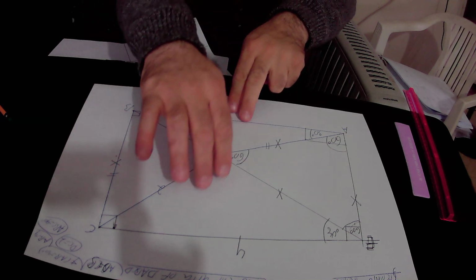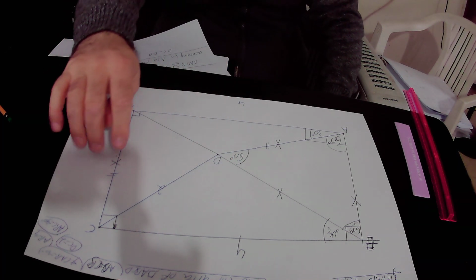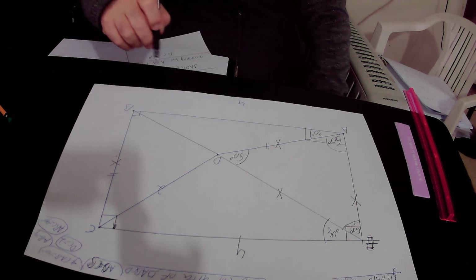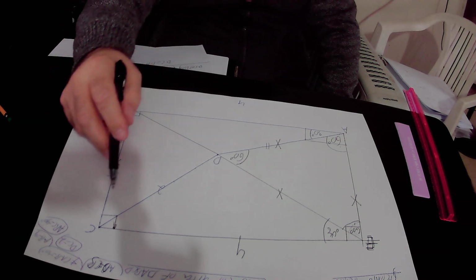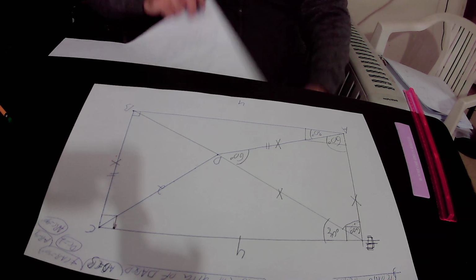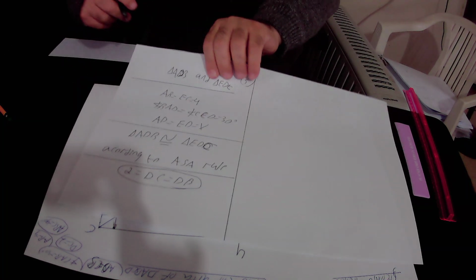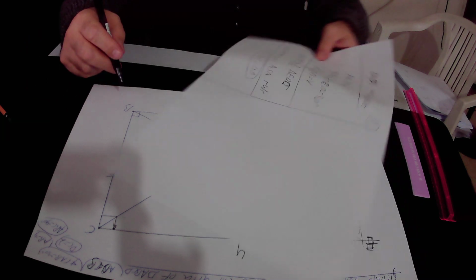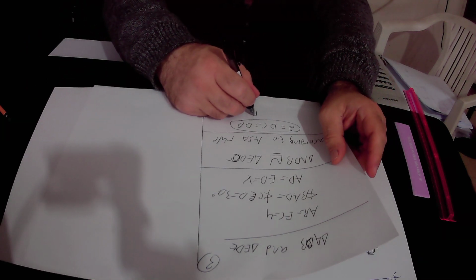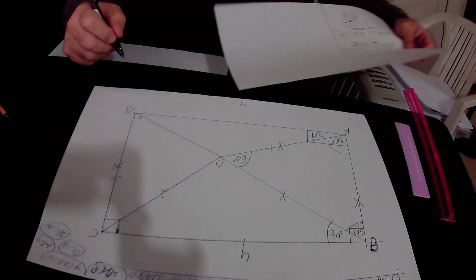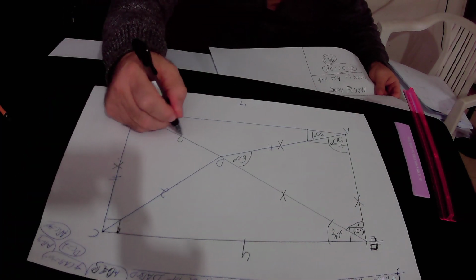But it is given in the question that DC equals 2 units. From this equation, we derive that DB also equals 2 units.